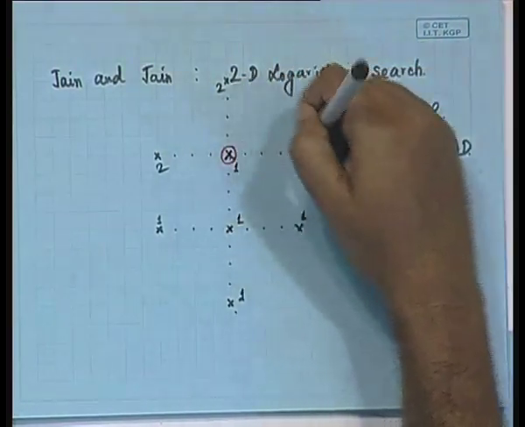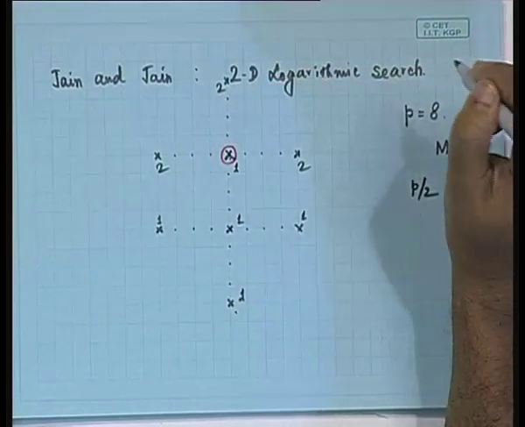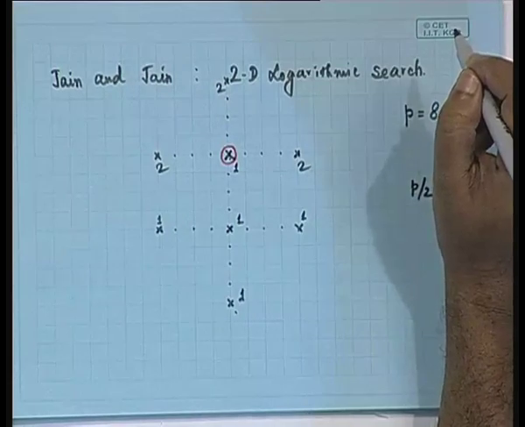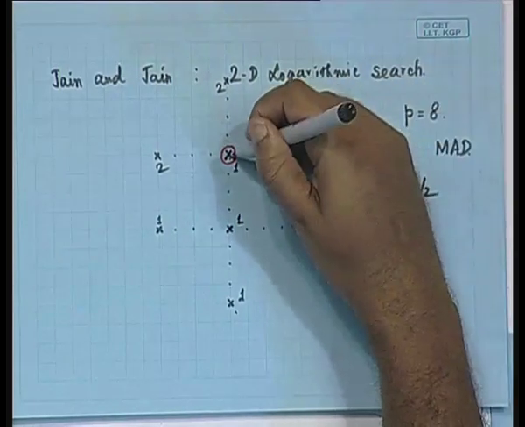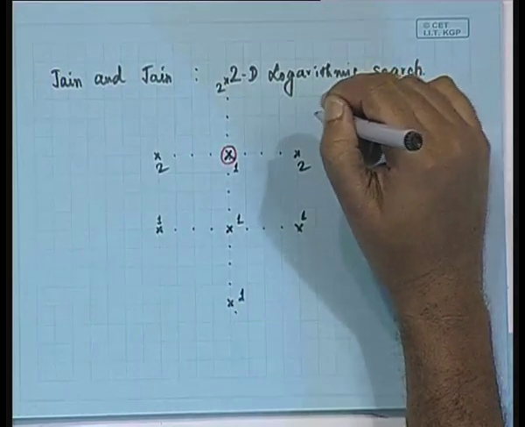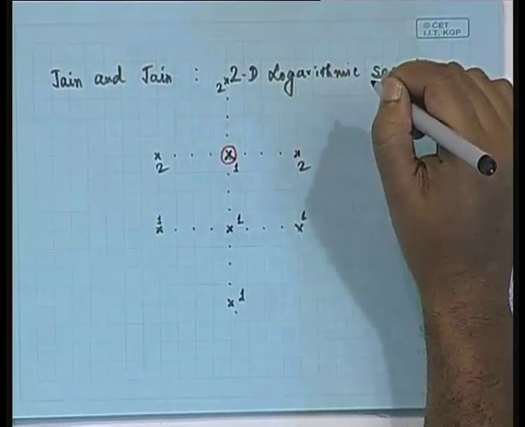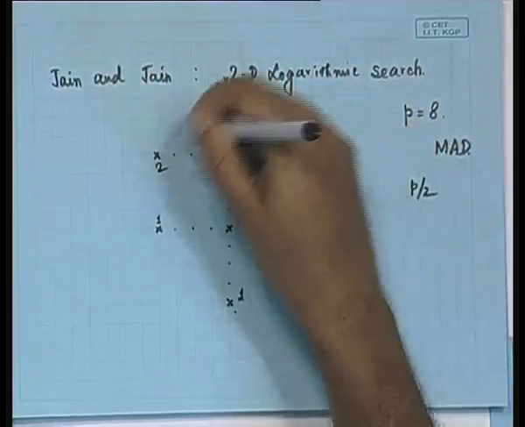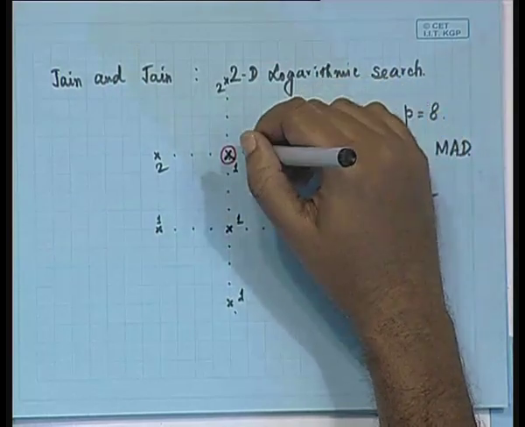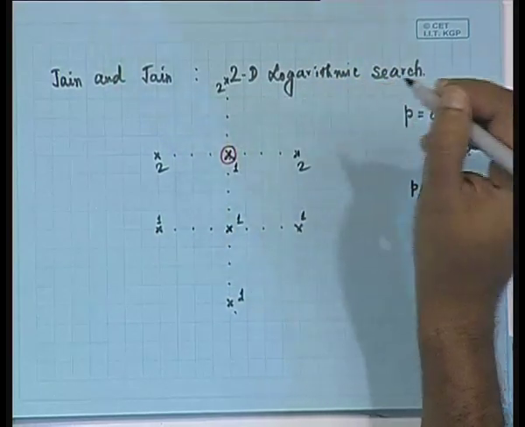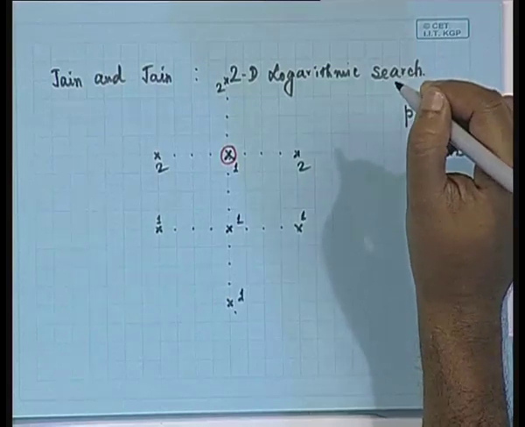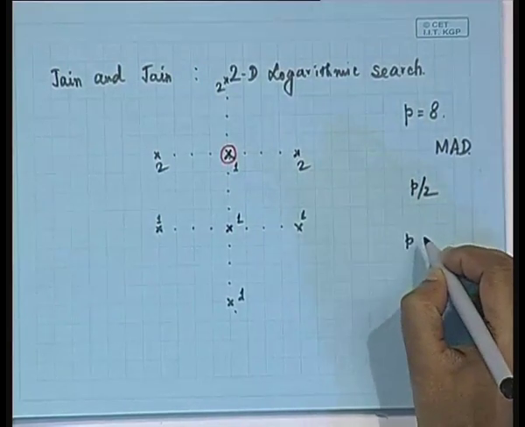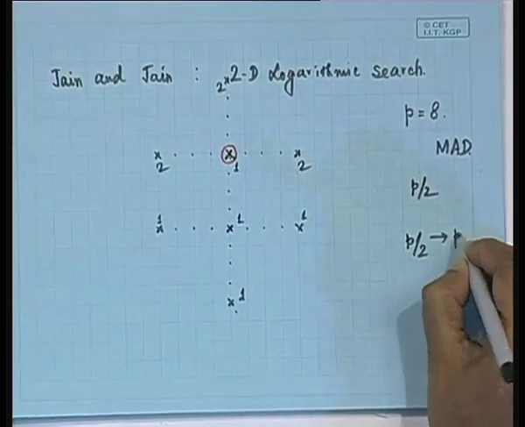But if out of these 5 positions the minimum happens to be again at the center, then we reduce the step size further by a factor of 2. So, we make p as p by 2. So, p by 2 then becomes the new p.